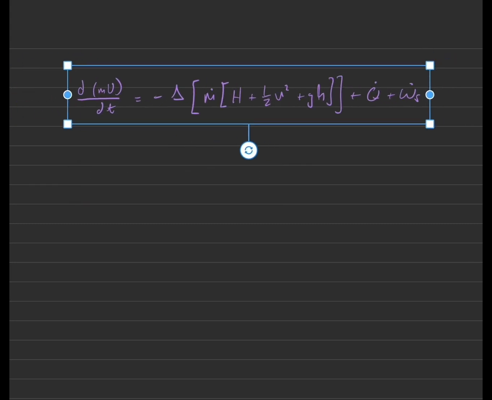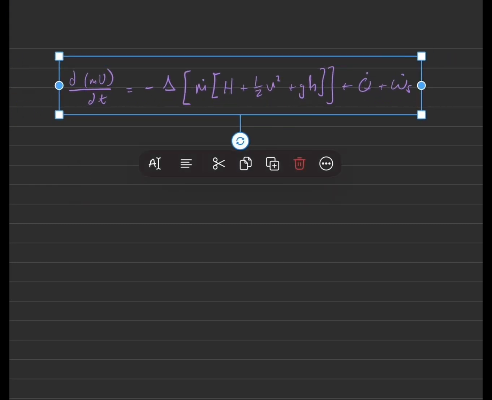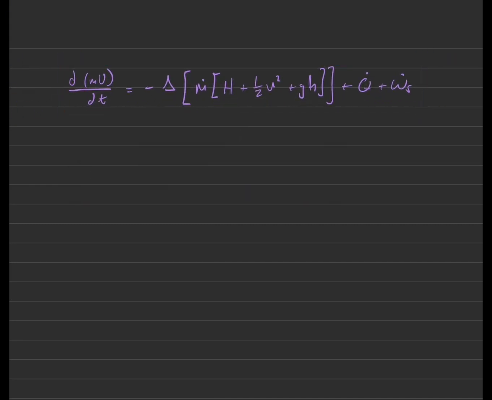All right, so our final aha moment is going to say, let's break this up into the steady state version. So the steady state version looks like this, with this term being equal to 0. So when that term equals 0, we get the mechanical energy balance.